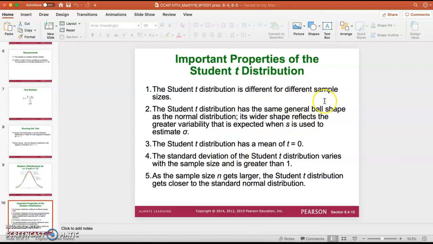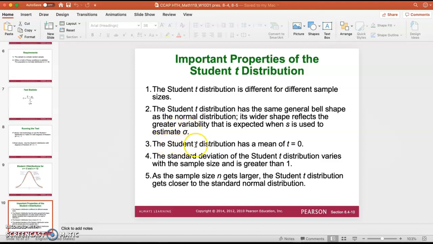Just re-emphasize some of those properties of the t-distribution. It is different for different sample sizes, like that picture just showed. And then the t-distribution has the same general bell shape as that normal distribution. Now, its wider shape reflects the greater variability, as expected, when that sample standard deviation is used to estimate the population standard deviation.